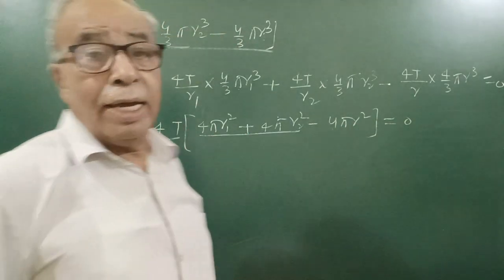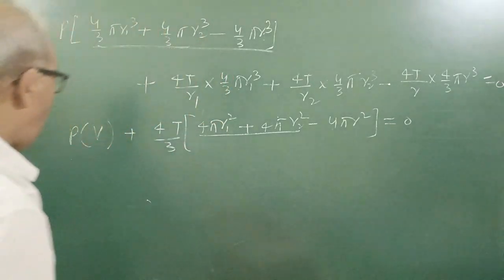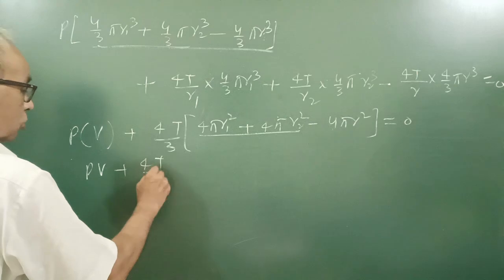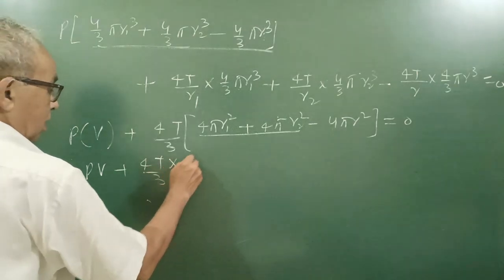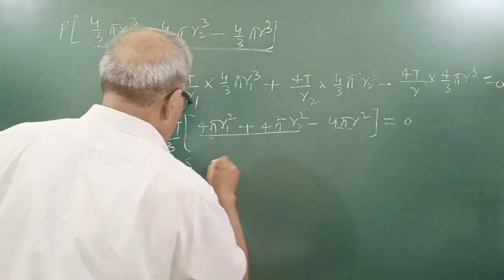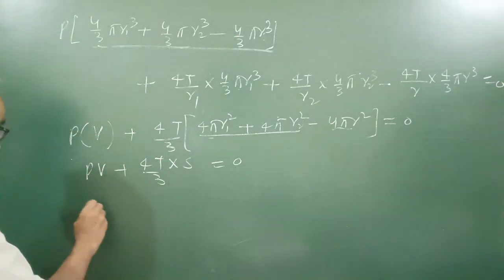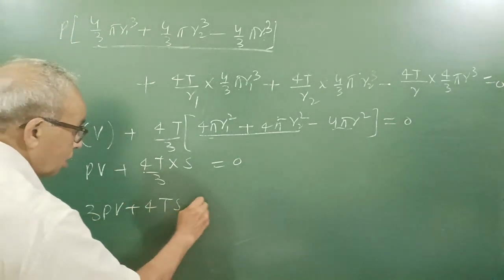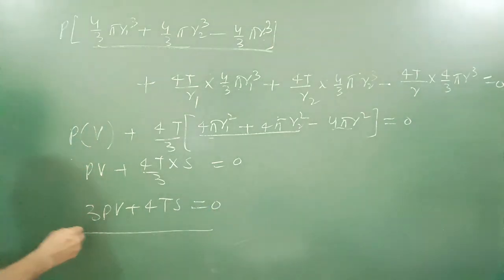You are given that S is the change in area. So PV plus 4T upon 3 times S, the change in area, is 0. So 3PV plus 4TS is equal to 0.